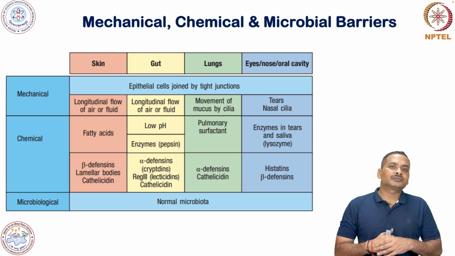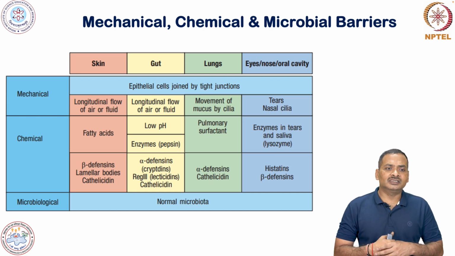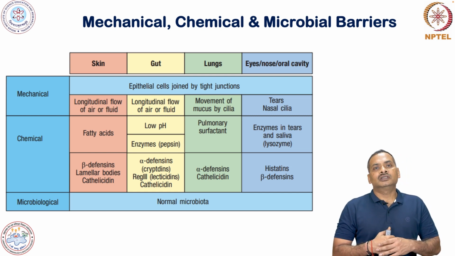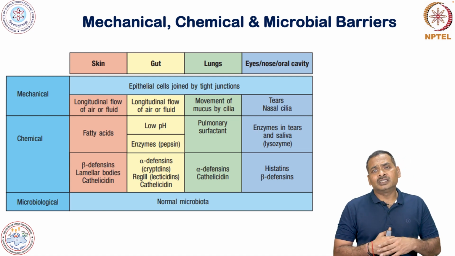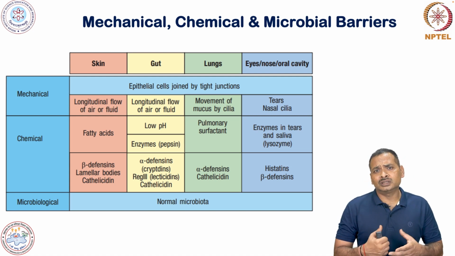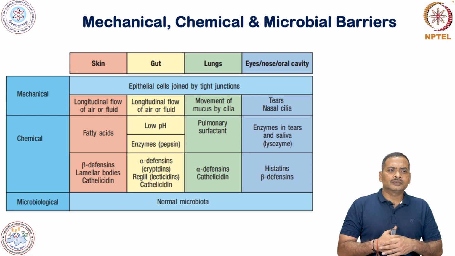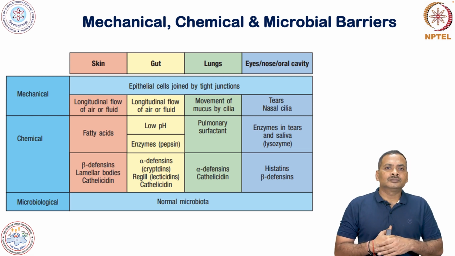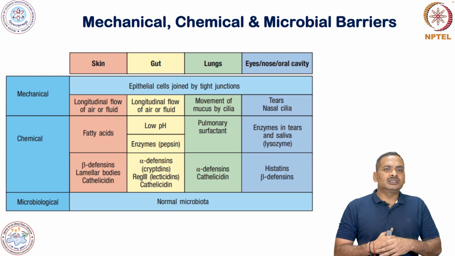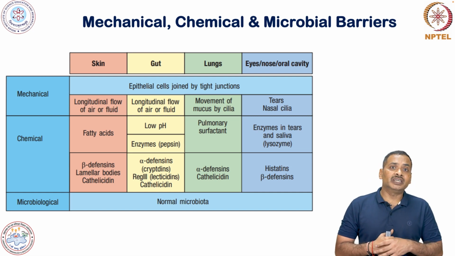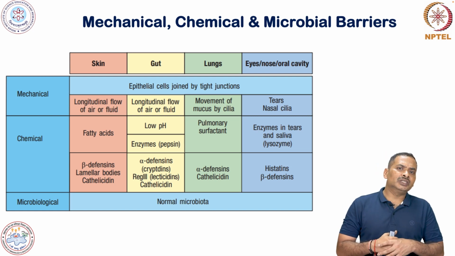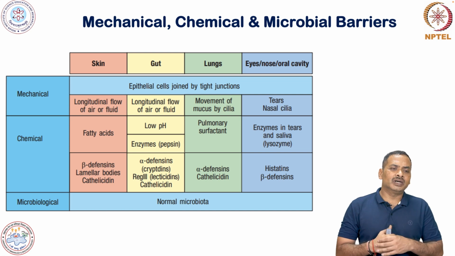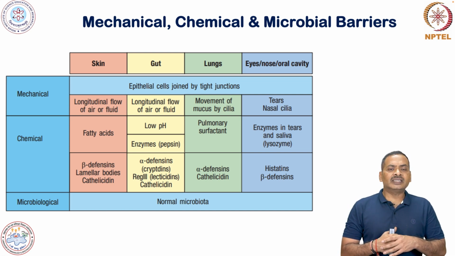In skin, there are some fatty acids produced by microbes as well as the cells, and this does not allow the growth of other microbial pathogens. There is production of some antimicrobial peptides like beta defensin, and one more protein produced by these cells is cathelicidin.